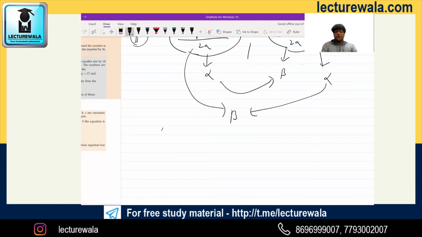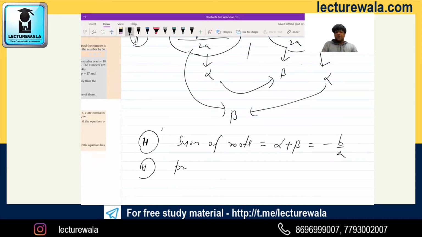So alpha and beta are the roots of the equation, meaning the sum of these two roots, represented as alpha plus beta, will always be equal to minus b by a. And the product of these two roots, symbolically written alpha beta, is always equal to c by a.